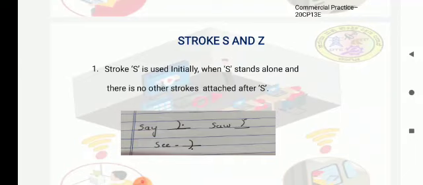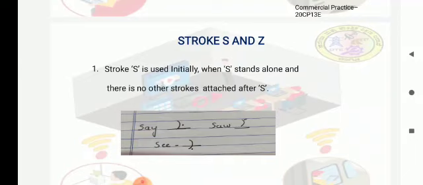Take for example the word "say". When you look at this word, you see that the stroke S is the only consonant in this word. So under such circumstances, instead of using the circle, you have to use the consonant S, that is the stroke S. Another example, "saw".